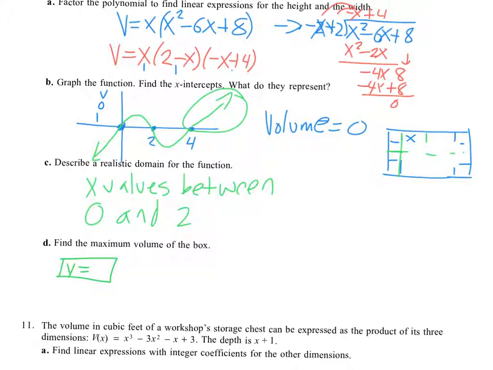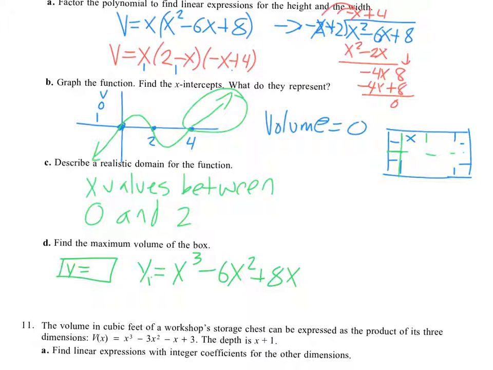We're going to go to the y equals menu, and for y1, you type in the equation, x times (2 minus x) times (negative x plus 4). Or better yet, type in the original equation. That way, if you factored wrong, you can still do really well in this part. So that was x cubed minus 6x squared plus 8x.